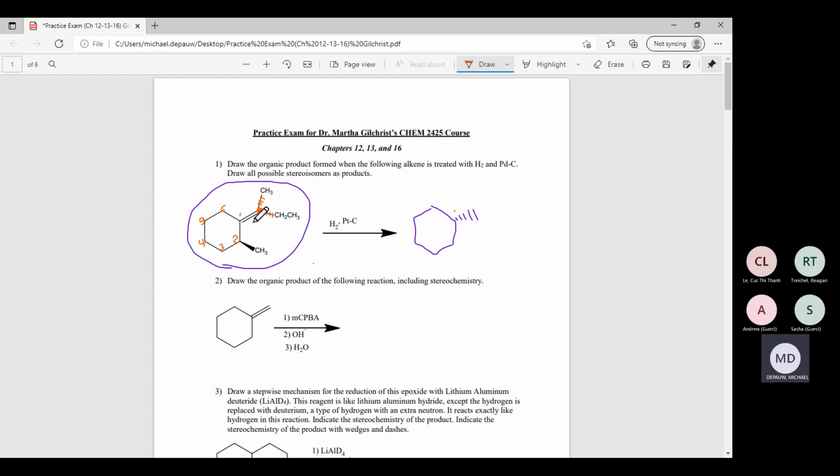So if I tilt it back a little bit, in other words, so that this CH3 group starts going back into the page, that means I'm going to have a second dash. I know this is really weird.